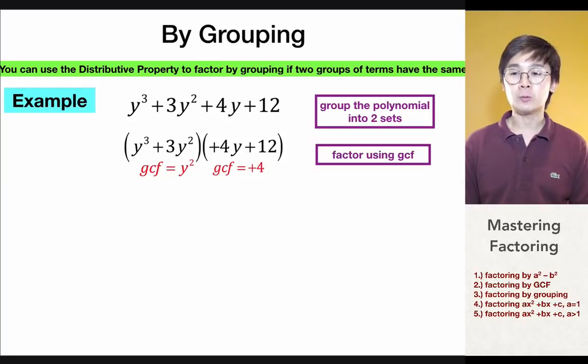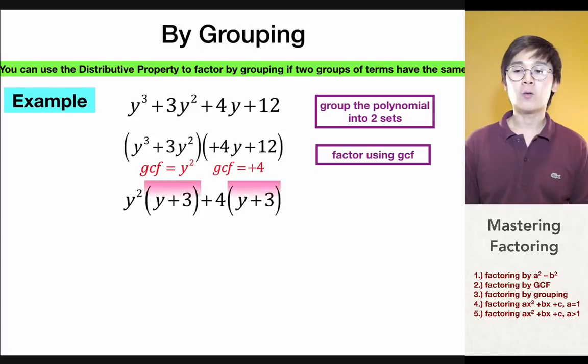And for the second group, if we divide each term by positive 4, we will be left with y plus 3 in our parentheses. So now we have two sets of terms with a common factor of y plus 3. Notice that in our first group we're able to produce y plus 3 as a factor, and in the second group, we're also able to produce y plus 3.